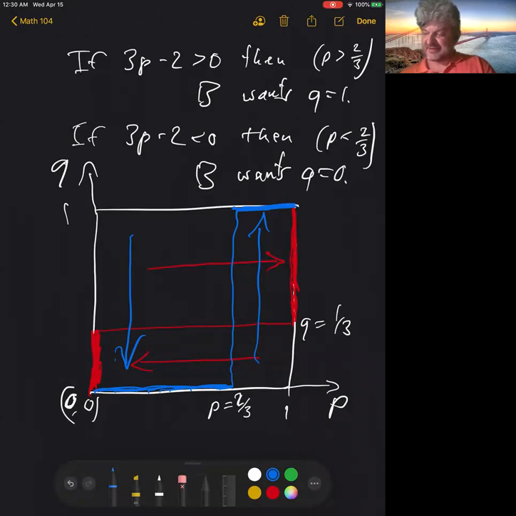All right. This diagram with these arrows tells us everything that's going on about equilibria. First, whenever we are anywhere in the top half of the square, say, in the top right corner, say here, then A says, I want to go over here. And B says, I want to go there.